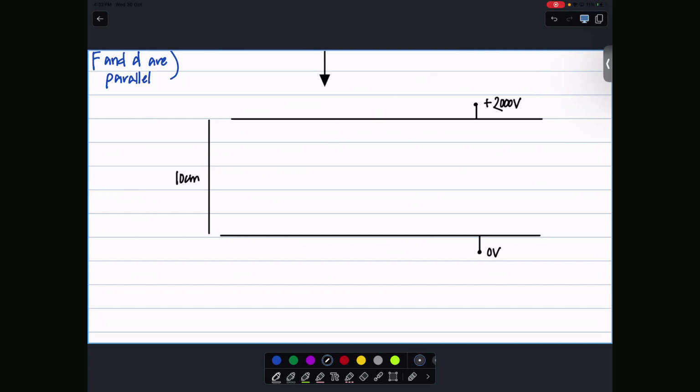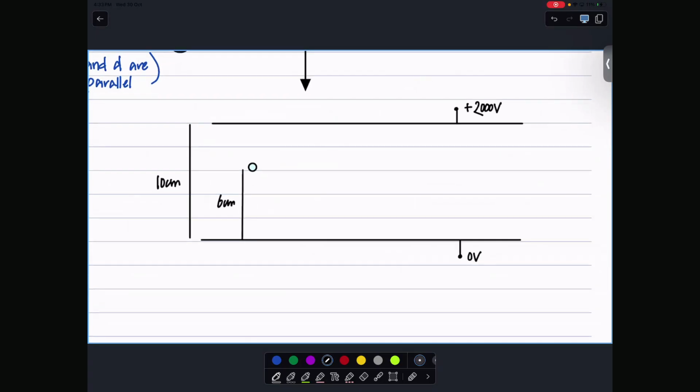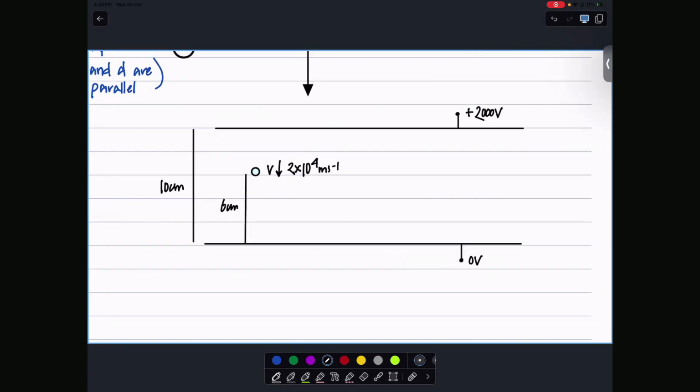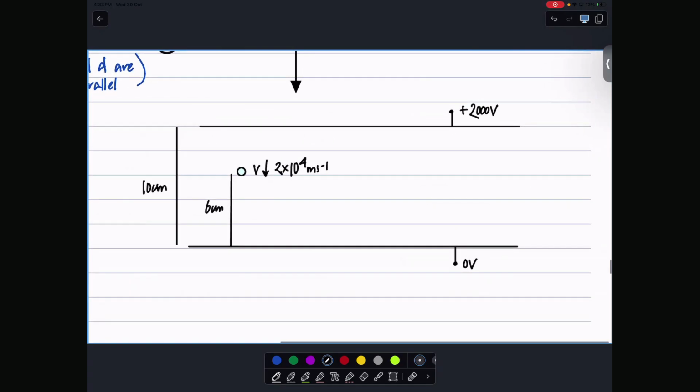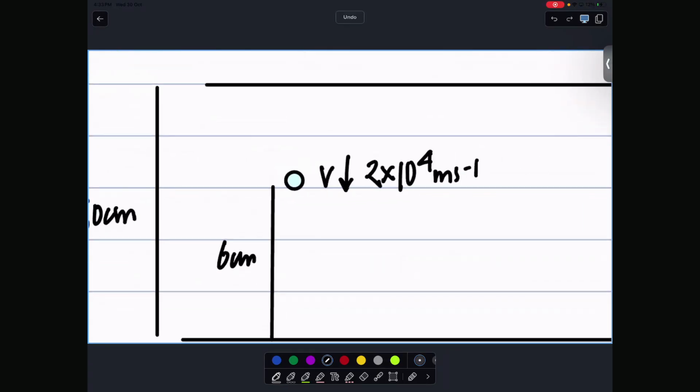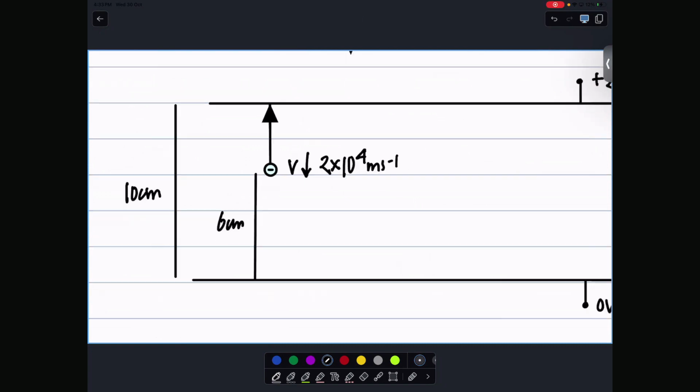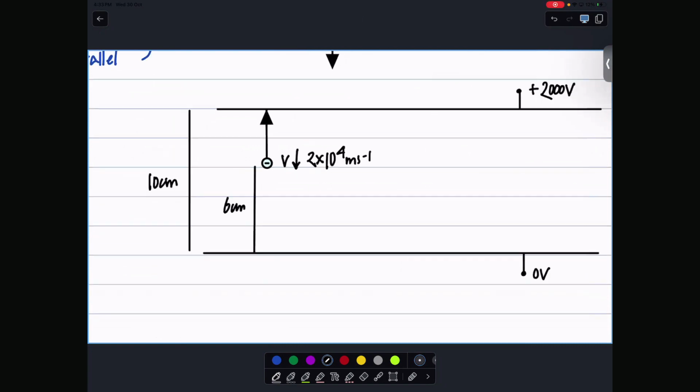There's a charge at this location, which is a distance of 6 centimeters. The charge has a vertical velocity this way of 2 into 10 to the power 4 meter per second. Find the velocity as the object moves upwards. By the way, this is a negative charge. Find the velocity as the object reaches the plate at the top.